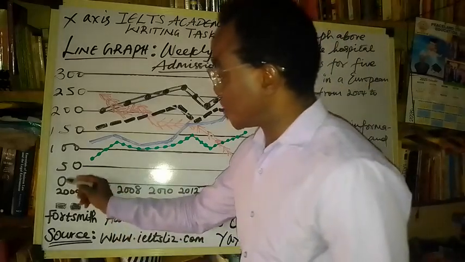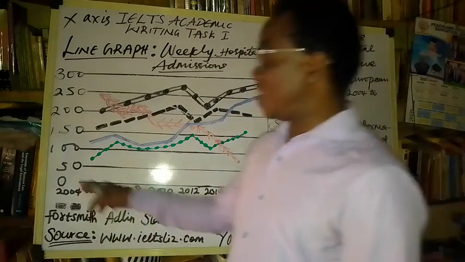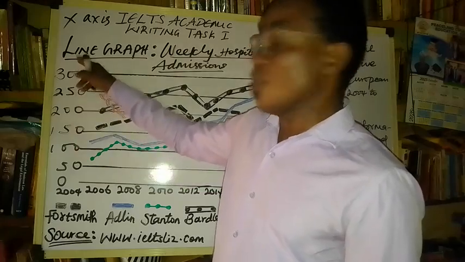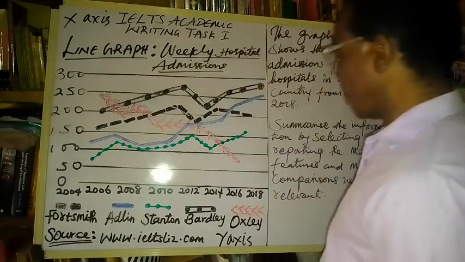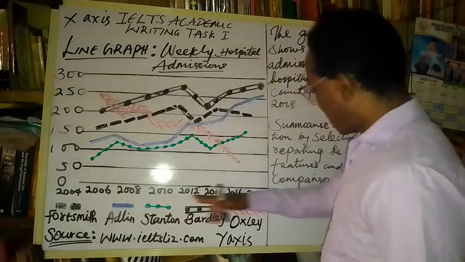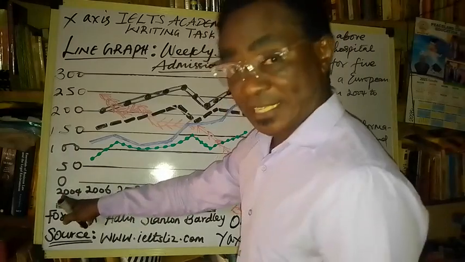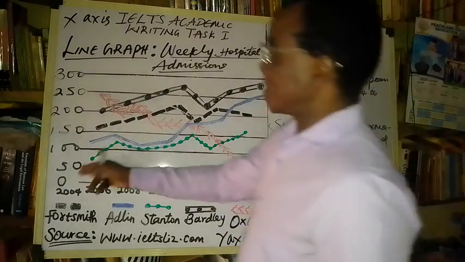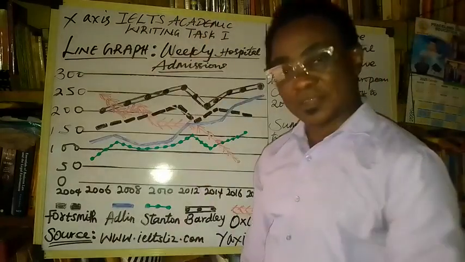So the point of 0 is called the point of origin, because the values begin with 0 and then rise gradually or fall again down to 0. Then it is as the years are progressing, also from the point of zero origin, where we have 2004, as the years increase, the number of admissions in hospitals also increase or decrease.